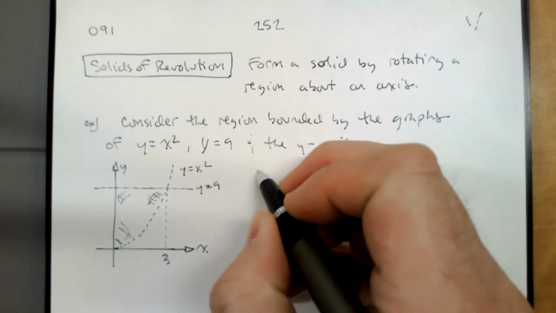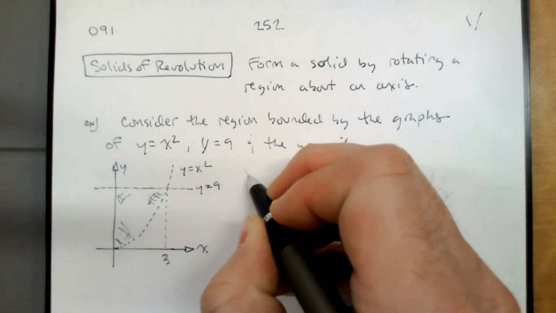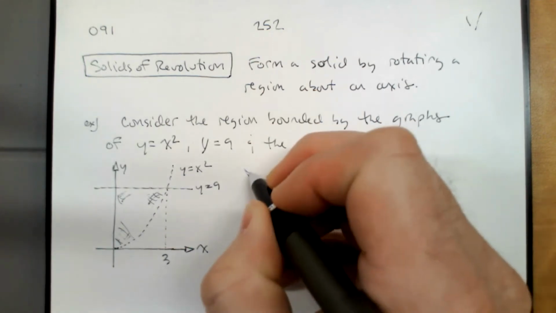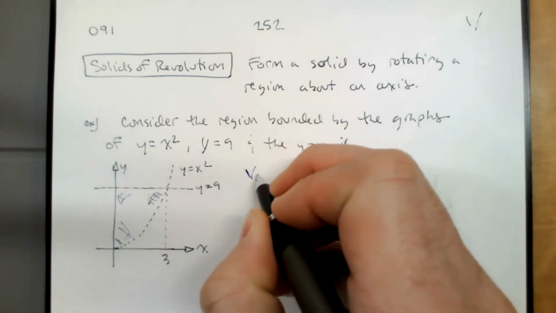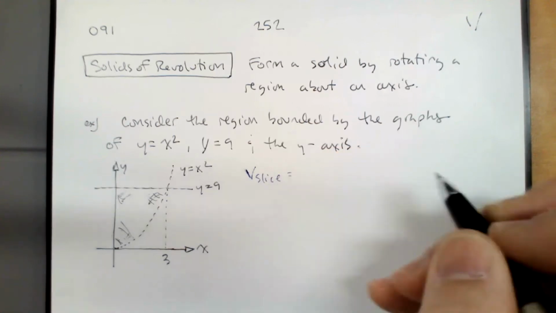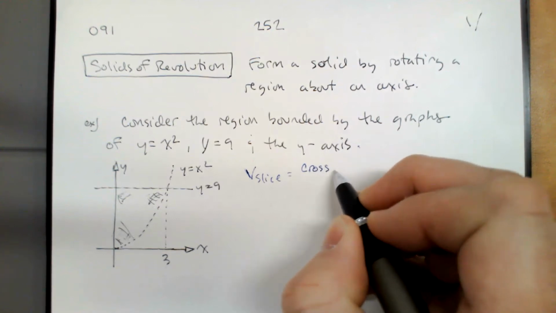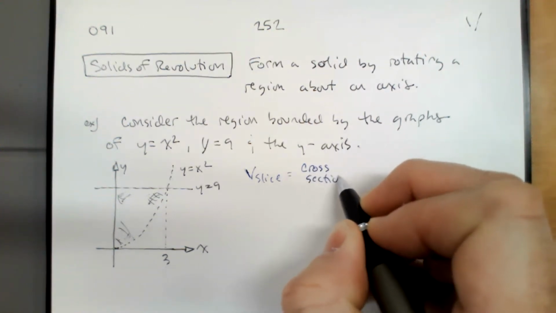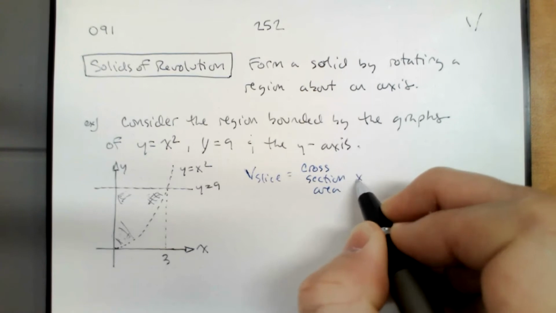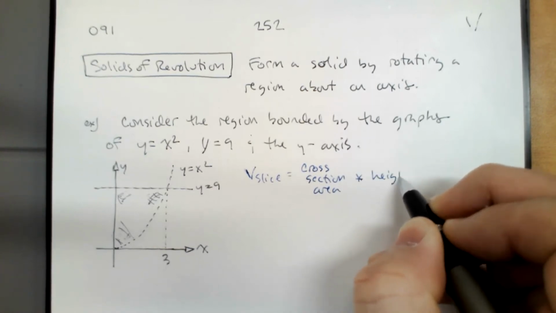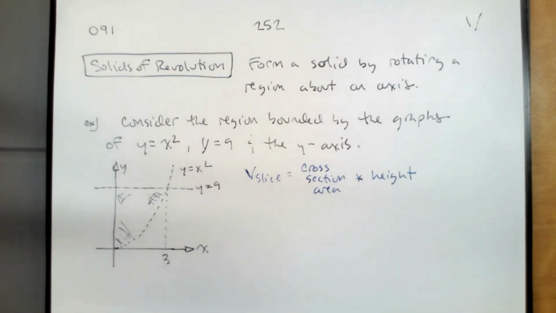So the big idea here is find the volume of the slice by taking the cross-sectional area and multiply by the height. We sliced perpendicular to the axis of rotation.